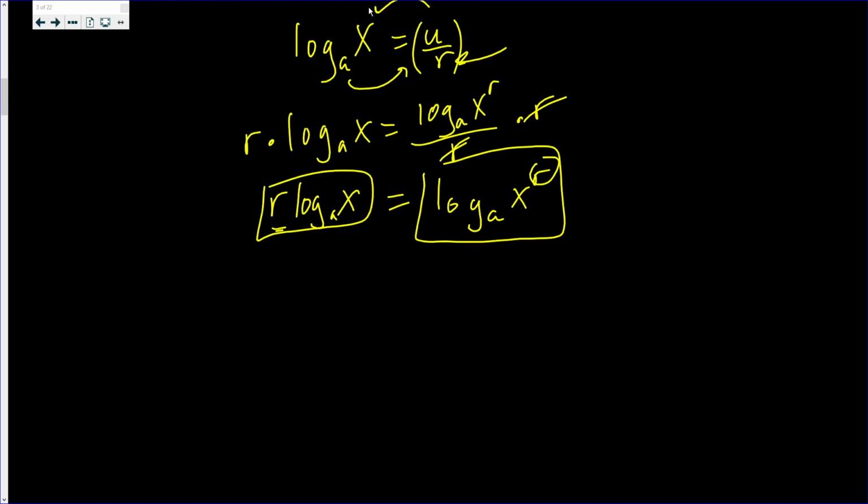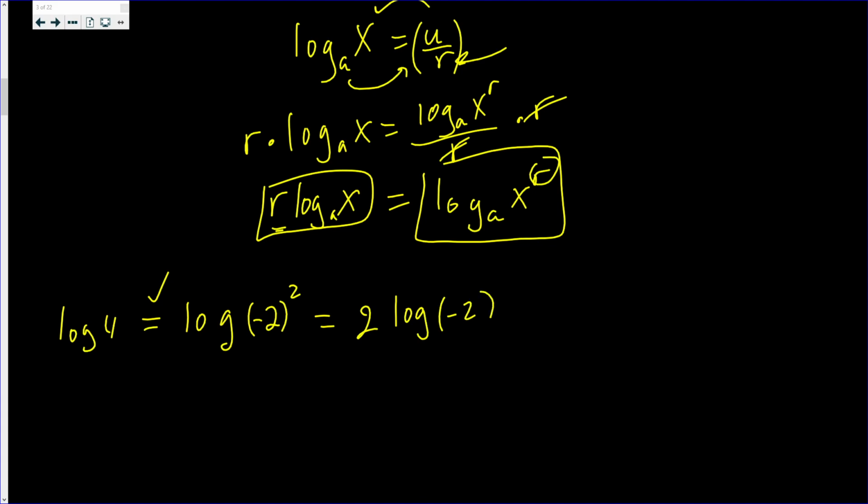Now there's still what's called domain problems. Like if you have log of negative 2 squared, that's okay because that's log of 4. But if you bring the power down, that's where you have trouble because you're taking log of a negative number. However, I'm not saying this is always wrong.